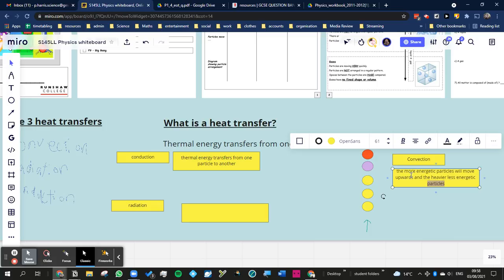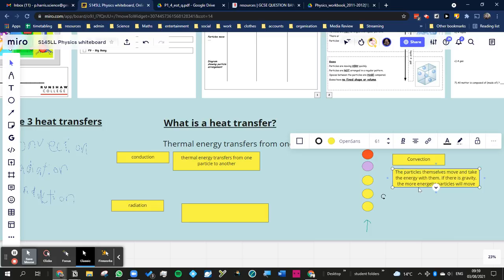Okay, and I'm leading to a misconception here. The particles aren't heavier, but there's less. I'll tell you what, I'm going to leave that out, and we'll talk about that in a bit more detail later on. The more energetic particles will move upwards. We'll not talk about why they do that.